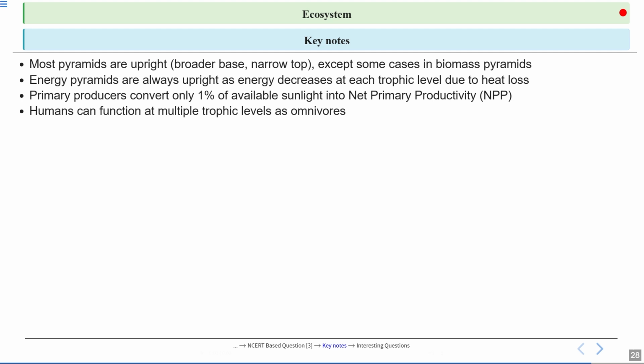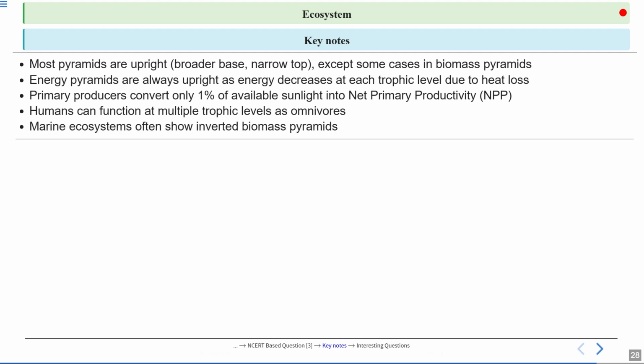A human eating vegetables acts as a primary consumer. But a person eating meat occupies the third or the fourth trophic level, so they become a secondary or a tertiary consumer. A marine ecosystem often shows an inverted biomass pyramid.